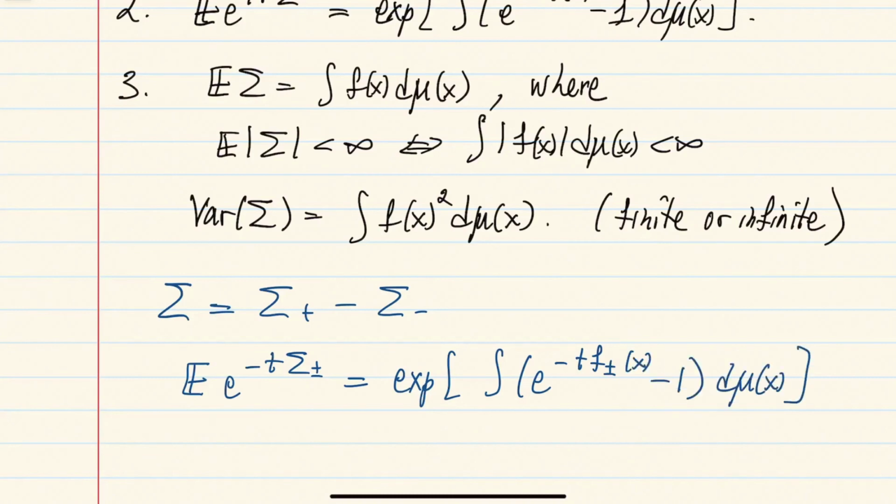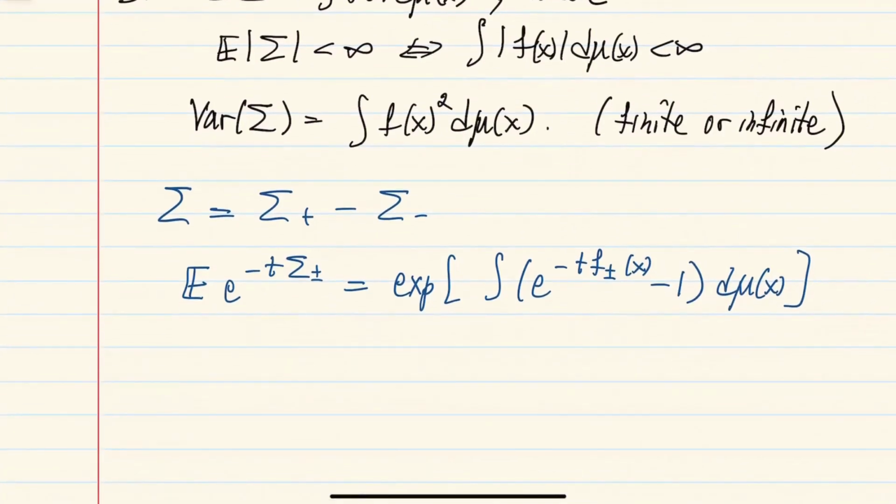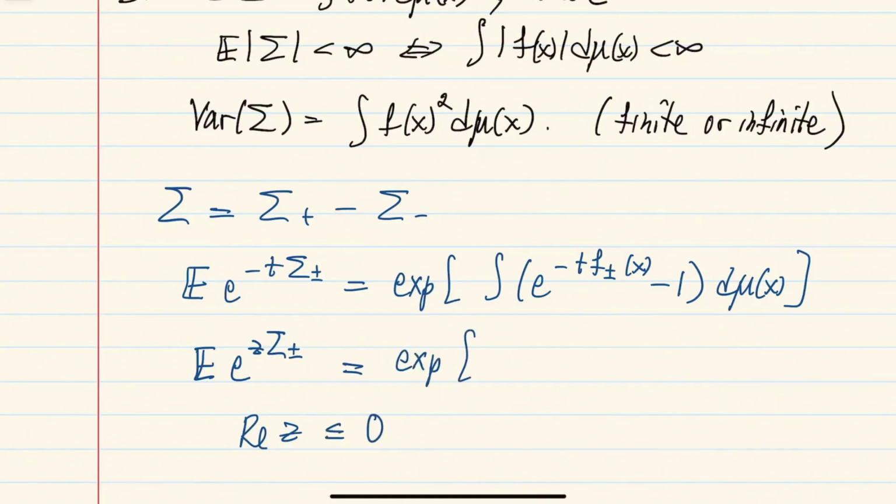Okay, and as we said above, once you have the Laplace transform, the same formula holds for the case where minus t is replaced by a complex number z, when the real part of z is less than or equal to 0.